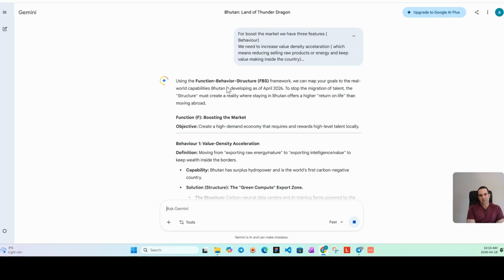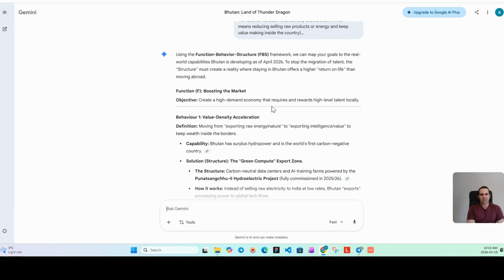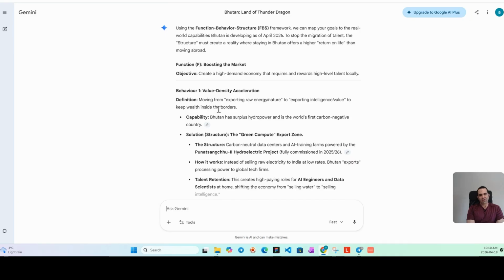again. So using the function behavior structure framework, we can map your goals to real world capabilities Bhutan is developing of April 2026 to stop the migration of talent. The structure must create a reality where staying in Bhutan offers a higher return on life. Oh, it doesn't work. Boosting in the market. Objective, create a high demand economy that requires the rewards high level talents locally. Behavior one, value density acceleration. Definition, moving from exporting raw energy or nature to exporting intelligence value.